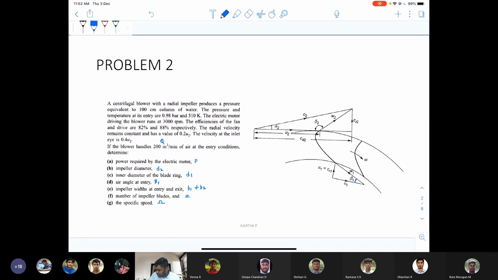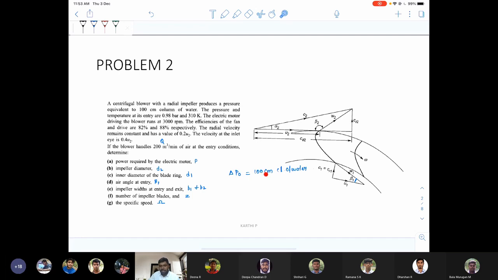In order to express the pressure in Newton per meter square, first you have to convert this value into mm, that is 100 centimeter, and multiply with 9.81. That will give a value in Newton per meter square.